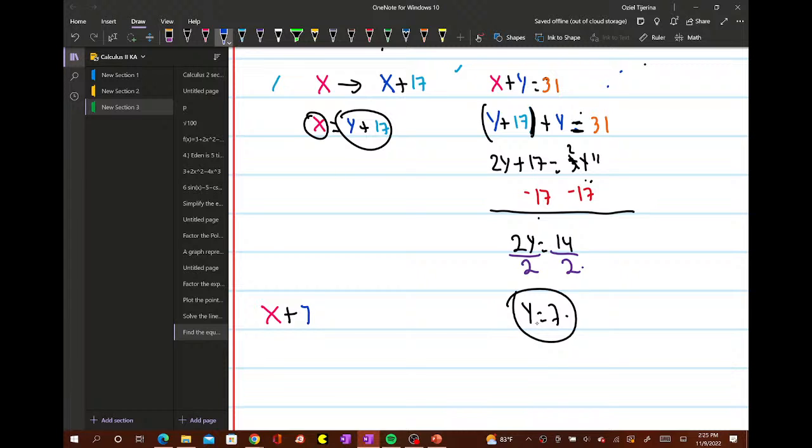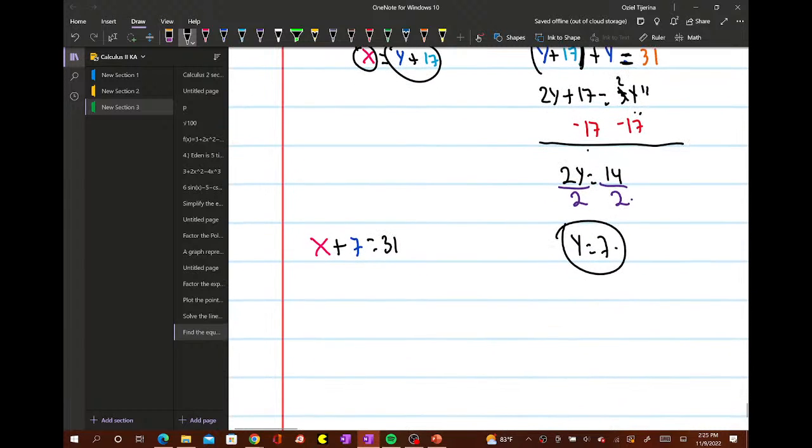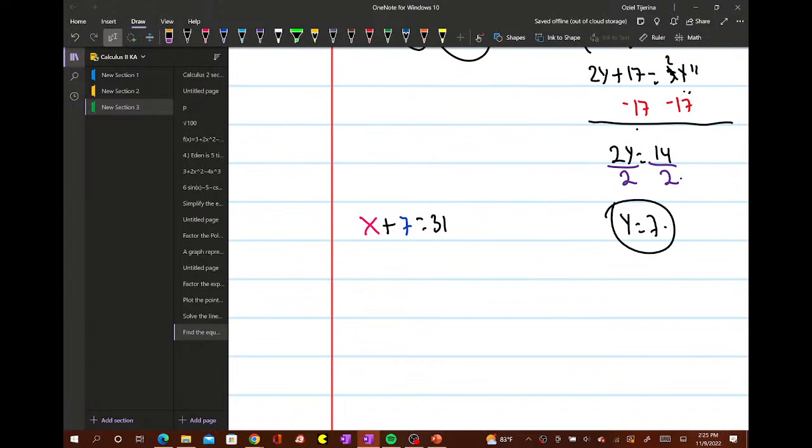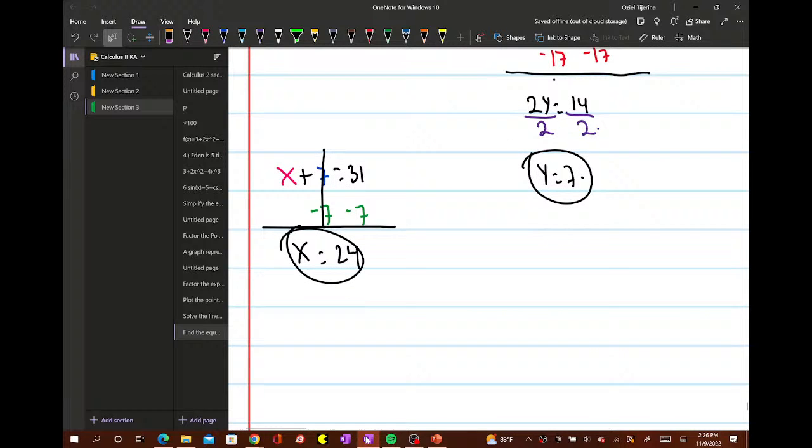If I don't do this right, I can always look at the solution, because these are not my favorite, I will admit that. So minus 7, this cancels out, so x is equal to 31 minus 7, which is 24. So the two numbers are 24 and 7.